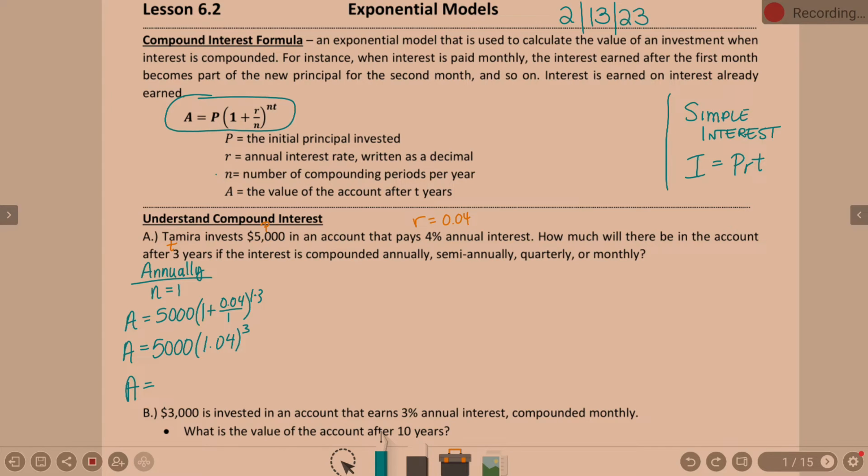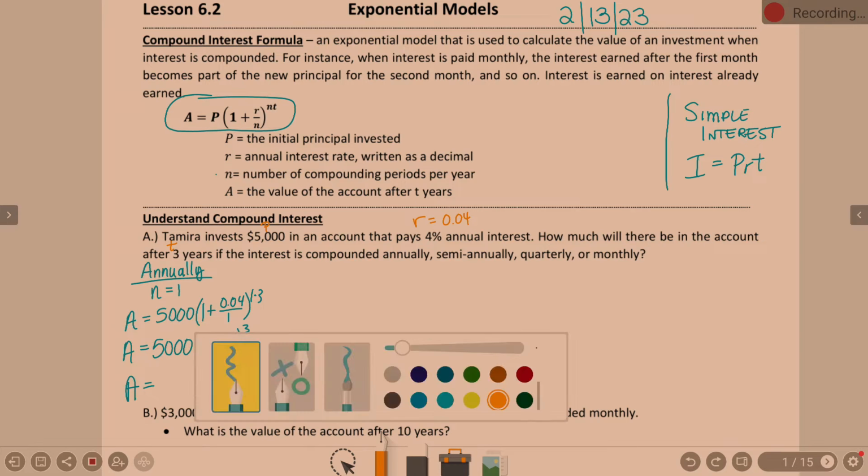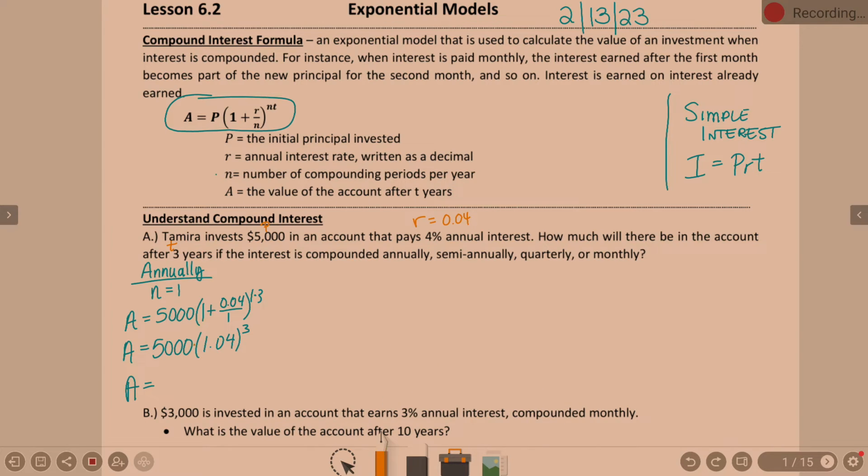Now, depending on your calculator would depend how you proceed. Most of you can just enter this in your calculator all at once. I'm not going to say all of you can, because sometimes there are calculators where you can't do that. I know if you use one of my type calculators, you can definitely just put it in there all at once. If you can't, what you've got to remember is that this is 5,000 times the 1.04 to the 3.